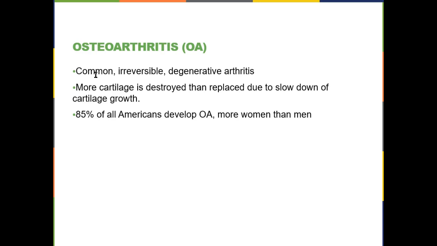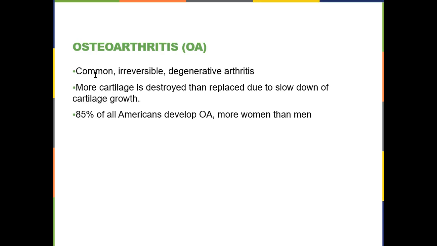You can slow it down, and this happens when your cartilage stops replacing itself. So it doesn't necessarily happen just because you've used up all the cartilage. It happens if you are prone to having your cartilage stop replacing itself, then you develop osteoarthritis.